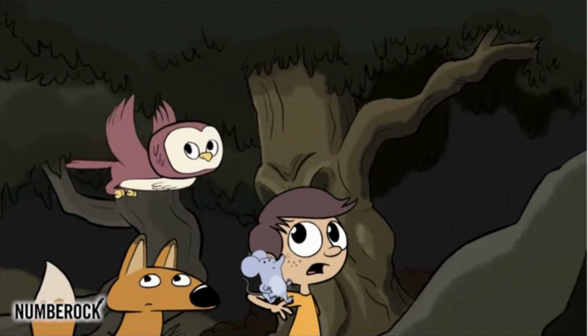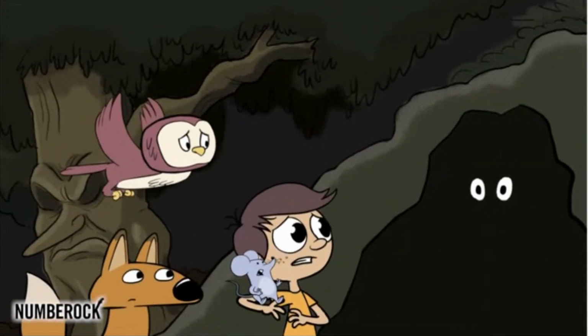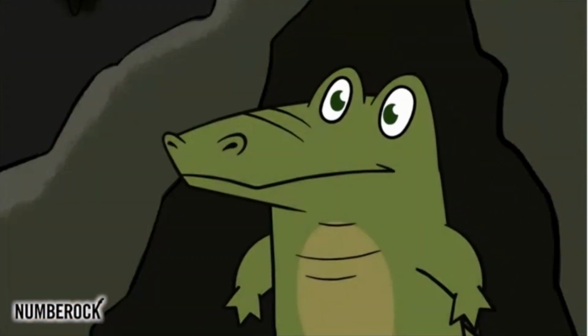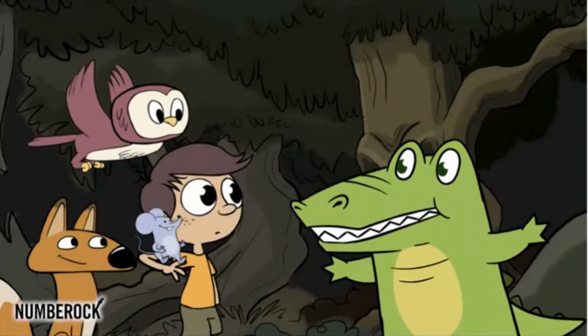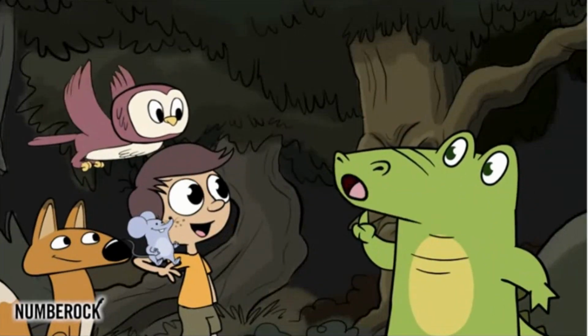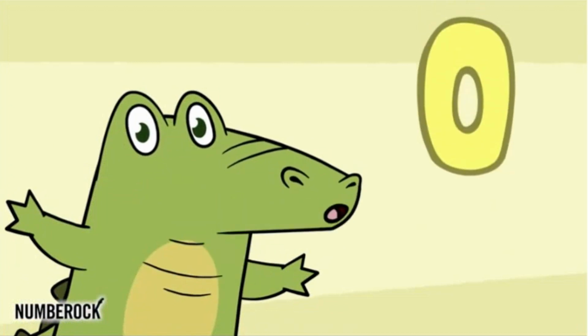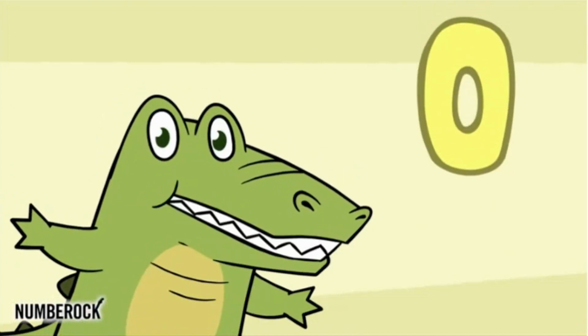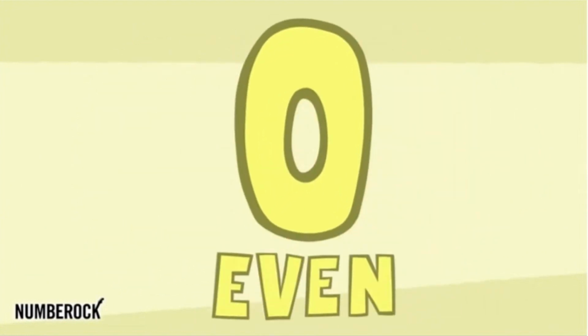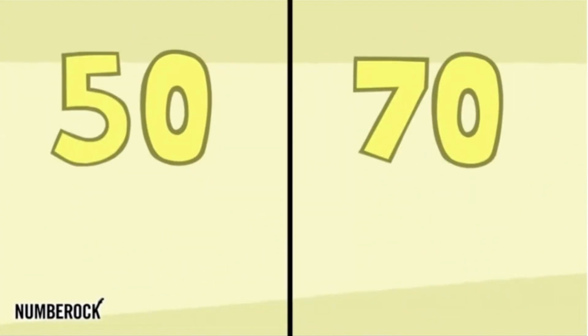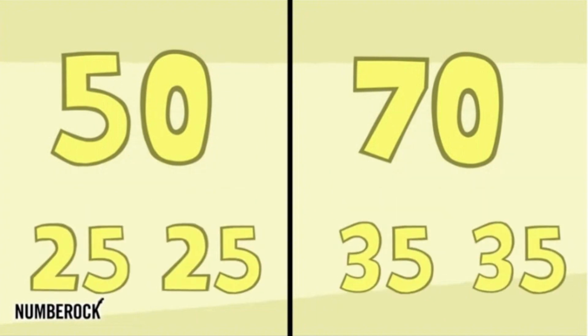We wandered further into the wilderness. An alligator appeared from the darkness. "I have one more number to teach you. For you must learn about zero before your journey's through. Zero can't be split to make a new amount, but it's still even when you count. 'Cause if zero's a number's final digit, that number can be evenly split.